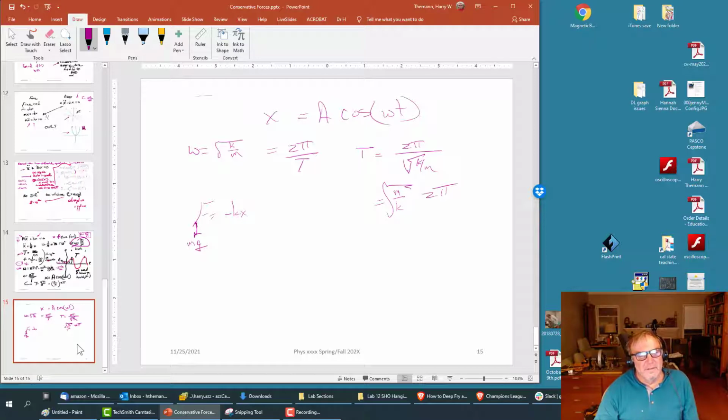And in principle, the spring has to satisfy this equation here. First, if it doesn't satisfy F equals negative kx, then all the rest of the things we just went through don't apply.